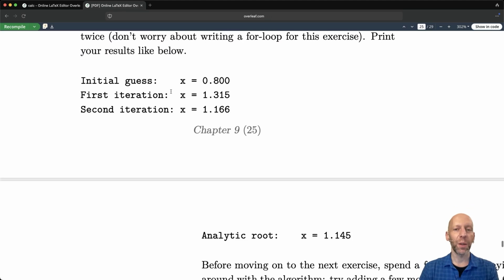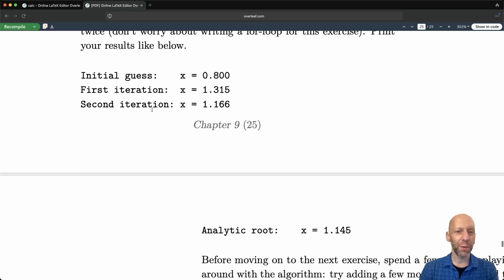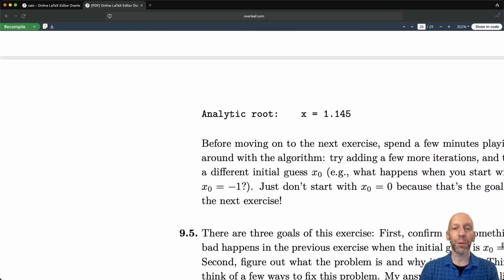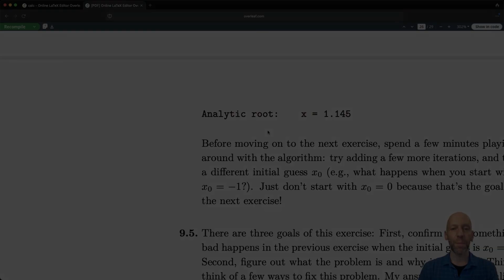And then print out your results like this. The results here are spread across 2 pages, but basically we start with the initial guess of 0.8, and then the second iteration gets us to 1.166, and then the analytic root, the exact root that we solved for using SymPy, is 1.145.